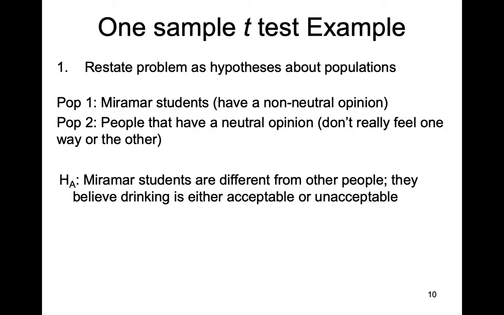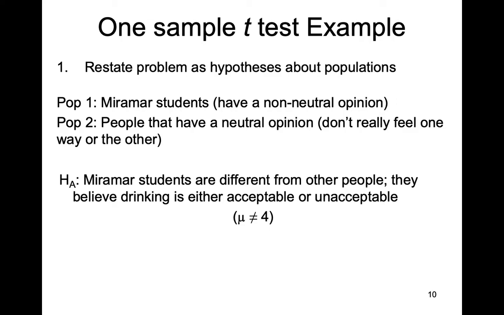So our research hypothesis would be that Miramar students are different from other people in their attitudes. Miramar students believe drinking is either acceptable or unacceptable. Okay. And so what we need to do is come up with a specific value, and we'll use the value of 4 from the questionnaire, which represents a neutral attitude.